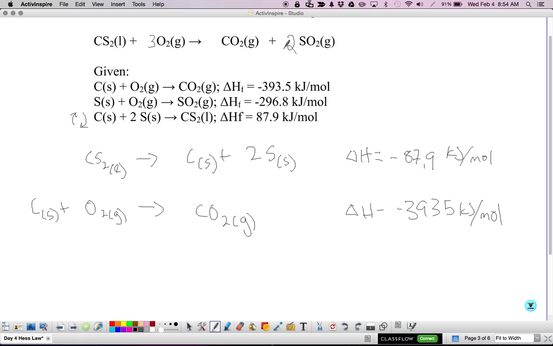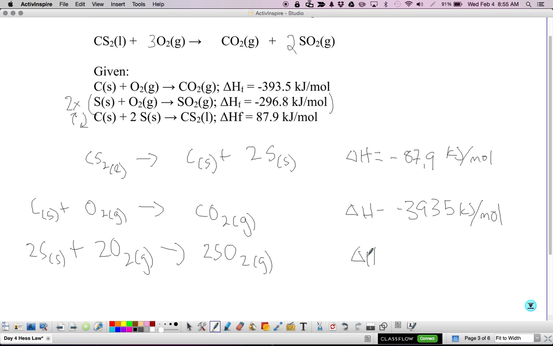Now the last thing that I need is 2 SO2s. All right, so I look down here and I have SO2 appearing here, but I need to multiply this by 2, right? Because I need 2 of these in my products, and I only have 1 in the products right now. So I need to multiply everything by 2. Okay, so that's 2 solid sulfurs plus 2 oxygens yields 2 SO2s.